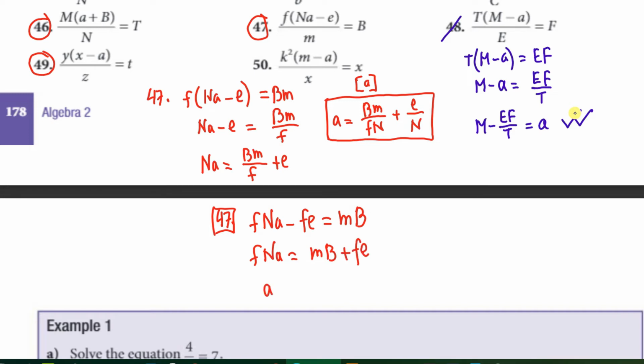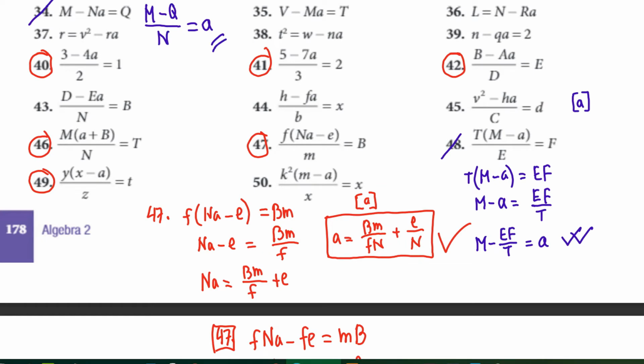Now write A directly as the subject: Mb plus Fe divided by Fn, and we can leave our answer here. Those two are actually the same thing. We can take the LCM and write the same as that. Okay, hope you understood this question, right?